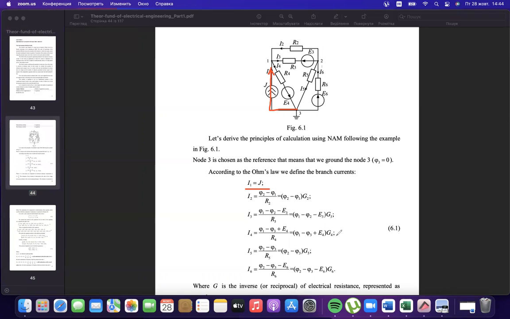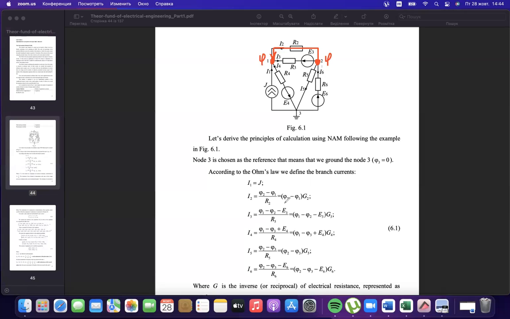Then, for example, the second current, according to the main physics course, equals the difference of potential between point 2 and point 1, phi2 minus phi1, divided by the resistivity of this branch, just Ohm's law.